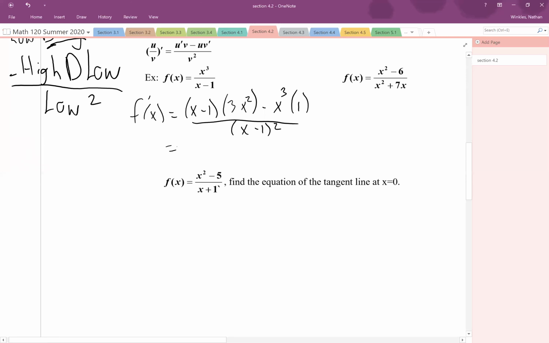And we could simplify this one out. When we simplify here, we get 3x cubed minus 3x squared minus x cubed all over x minus 1 squared, which would be 2x cubed minus 3x squared over x minus 1 squared.